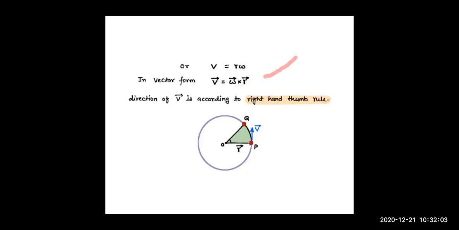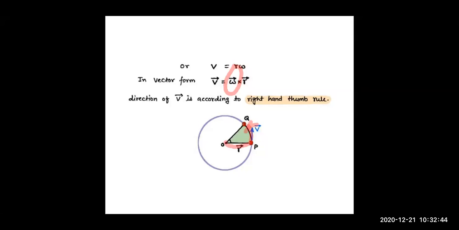Now children, if we talk about the direction of v, we know that it is omega cross r. So the direction of v is perpendicular to the plane containing omega and r. Here children, we can apply the right hand thumb rule. That is, you will stretch your right hand fingers in the direction of omega, that is the angular velocity, and you will curl your right hand fingers in the direction of the position vector.